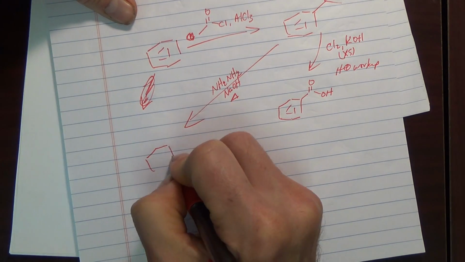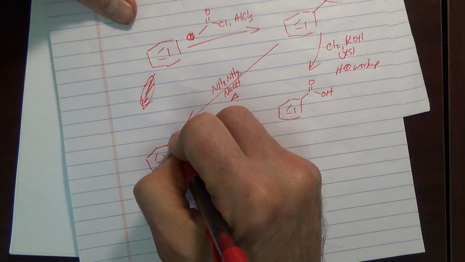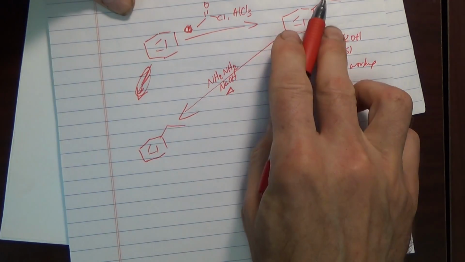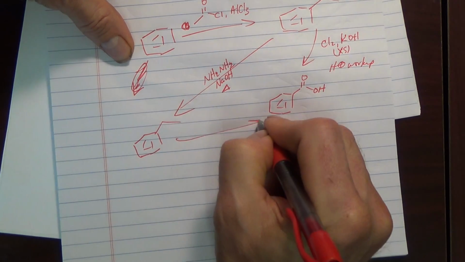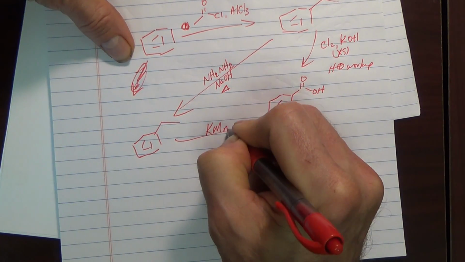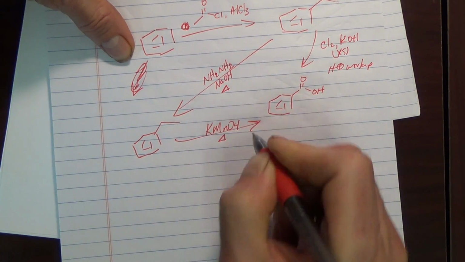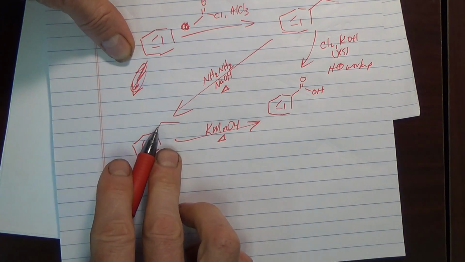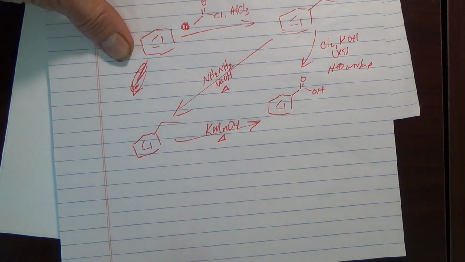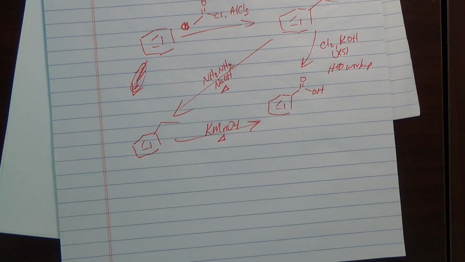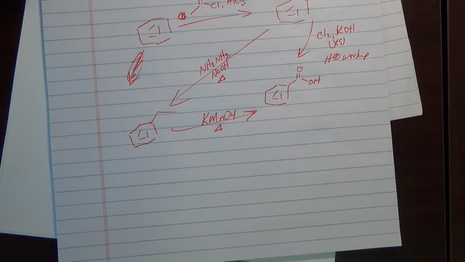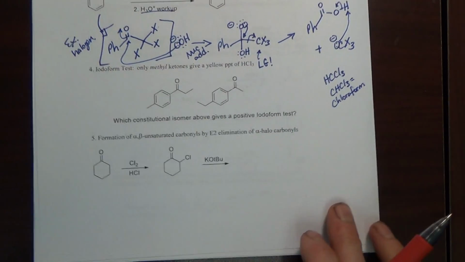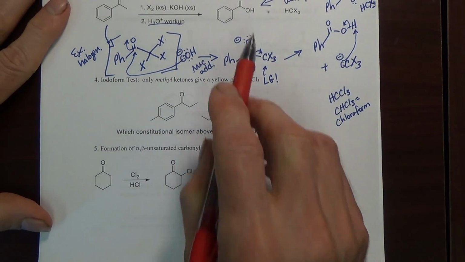That would give the deoxygenation, reduction of the benzylic carbonyl, and then we oxidize this with KMnO4, and that did the benzylic oxidation with cleavage of a carbon. But now we have a new approach to doing that. Great way to make a carboxylic acid.